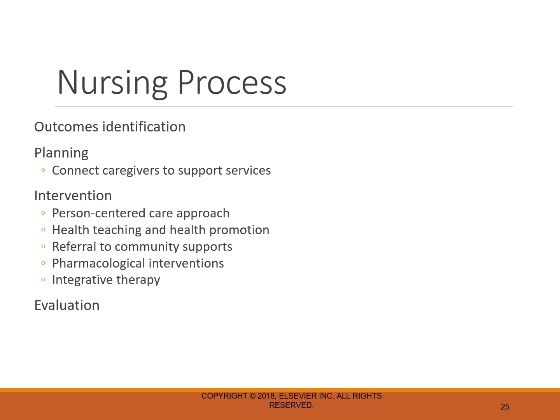Looking into the nursing interventions, the first approach is person-centered care. Even though this patient has a cognitive decline, we need to consider that individual and develop a relationship with the patient as well as the family members, and maintain a respectful relationship with the patient. Next is health teaching and health promotion.